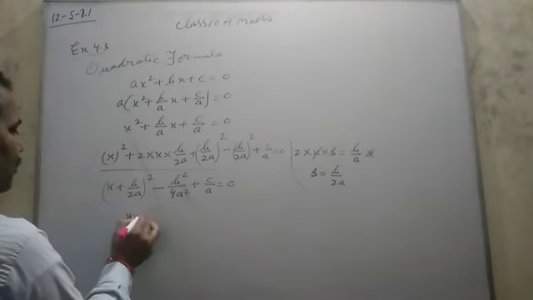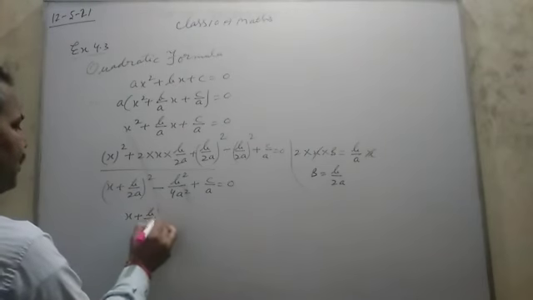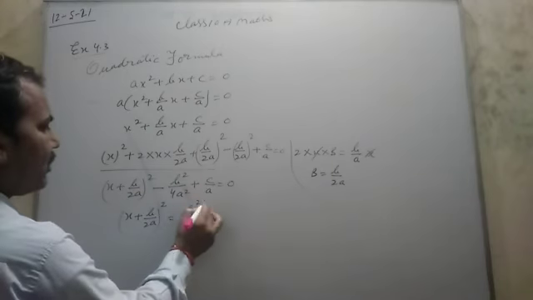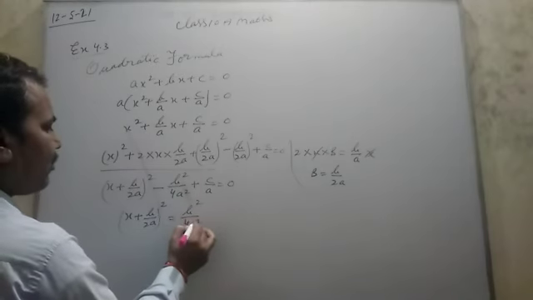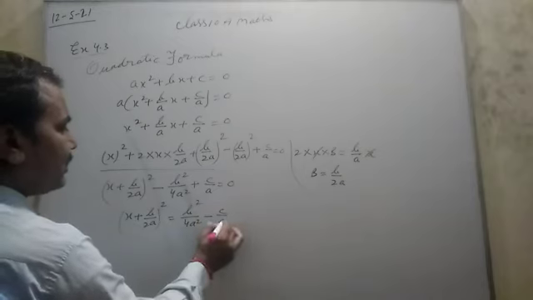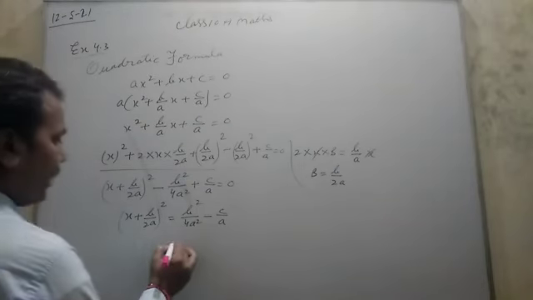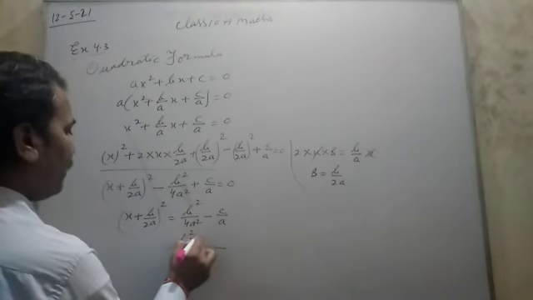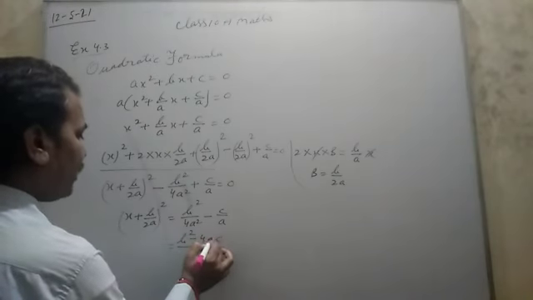So x plus b upon 2a whole square is equal to, transferring to that side, b square upon 4a square minus c by a. Take the LCM, so this will be b square minus 4ac.